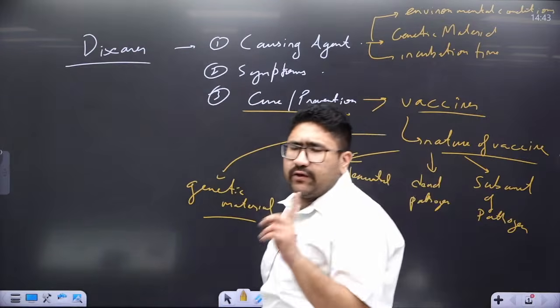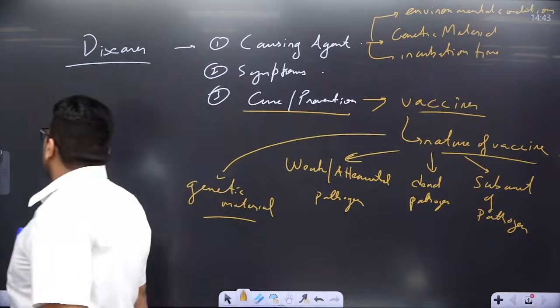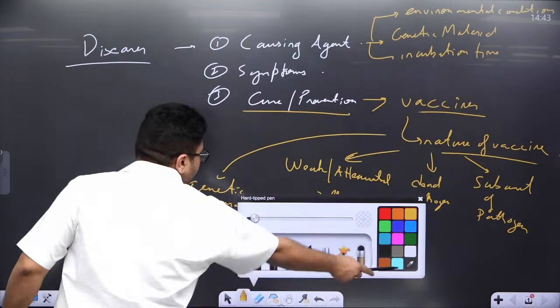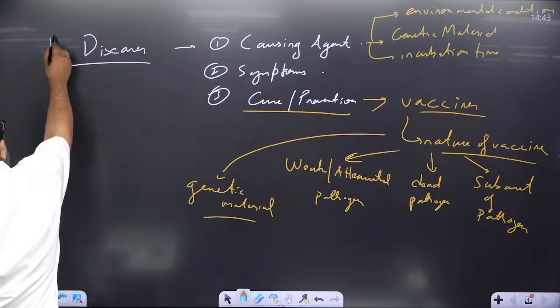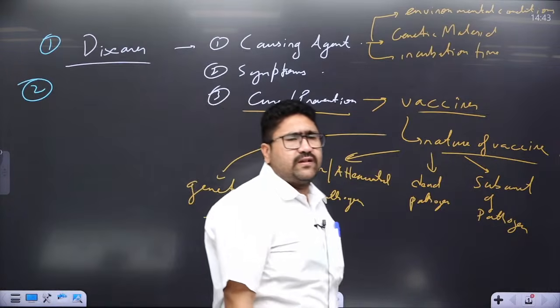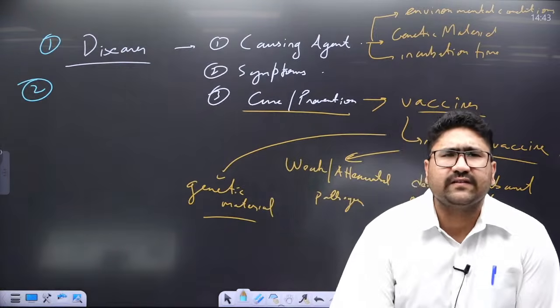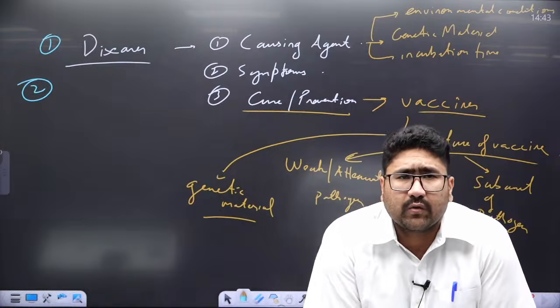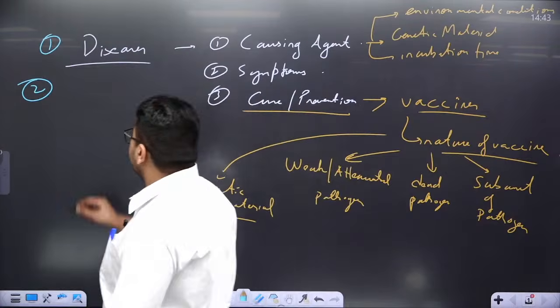So one thing that you need to remember is about diseases. The second thing you need to understand is that there are different types of diseases in the news. For every disease, you should know a few things.